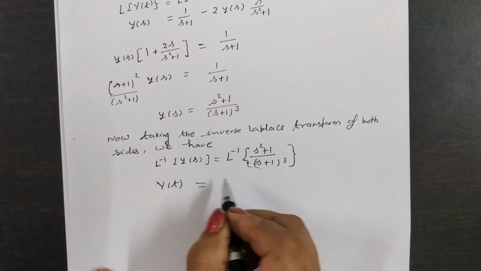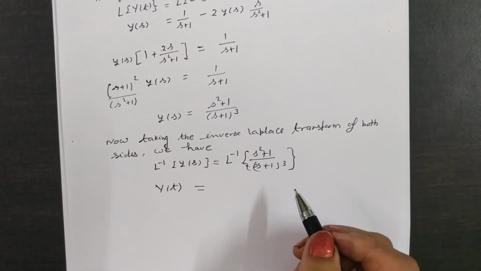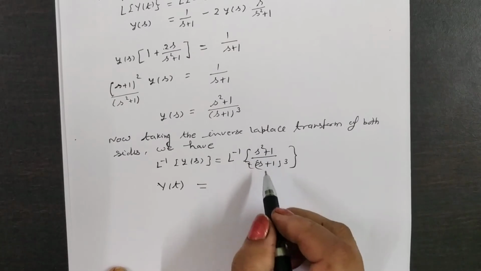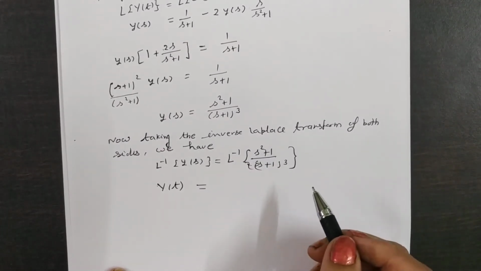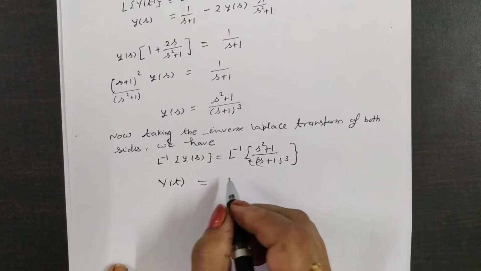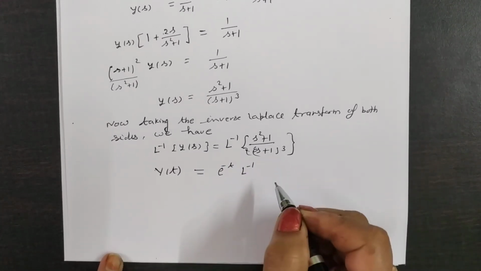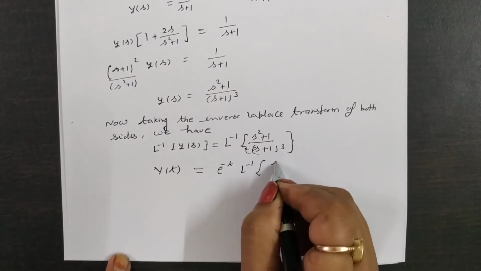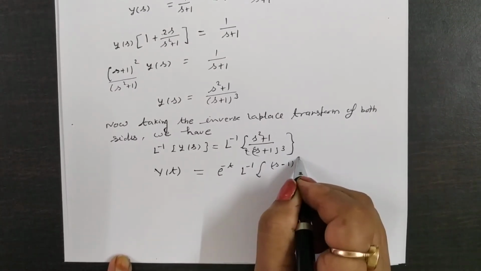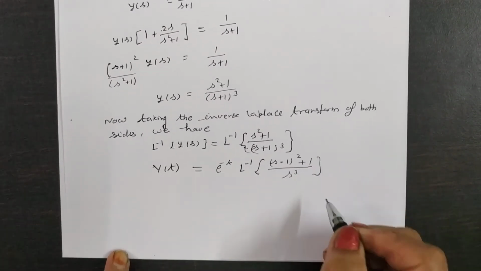Here we have (s+1) squared, so you can write this term as (s-1)² + 1 after shifting. Using the first shifting property, this can be done as e^(-t) times the Laplace inverse of ((s-1)²+1)/s³. Clear?